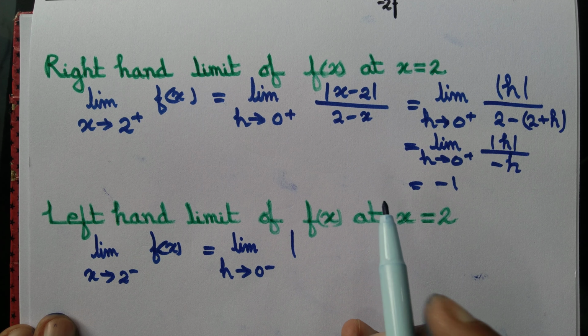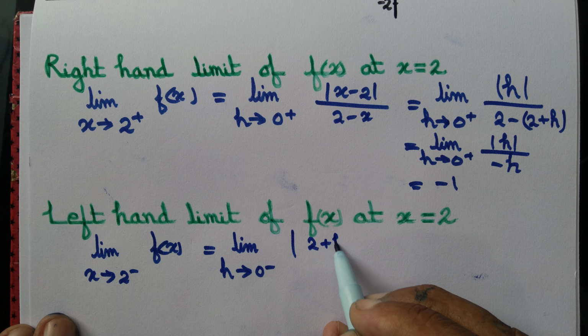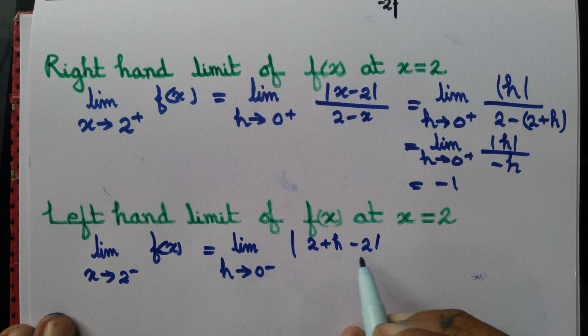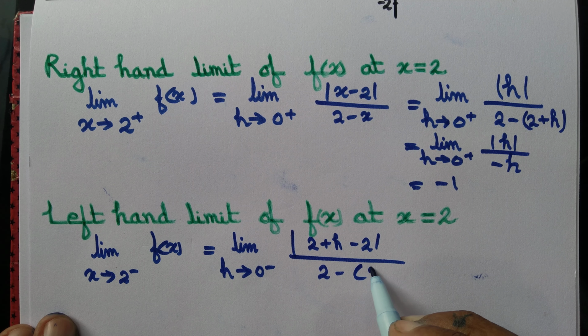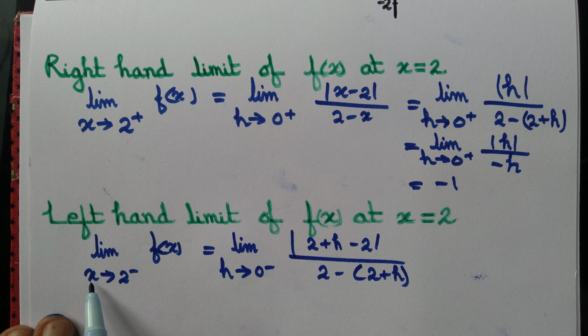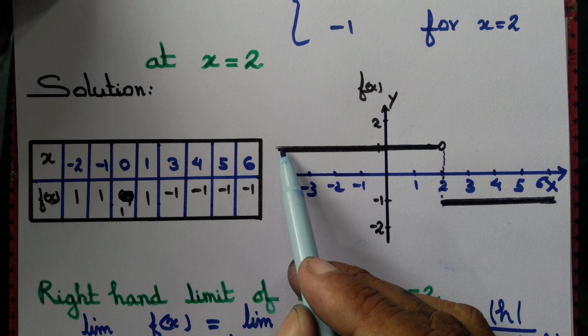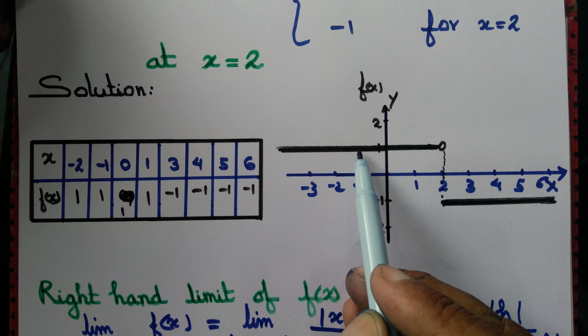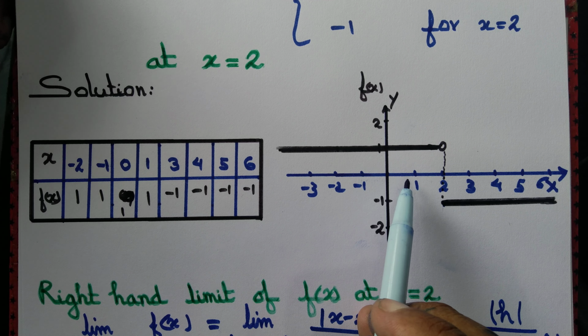So we will be replacing x by 2 plus h. The rest of the expression we can copy as it is. Replace x by 2 plus h. Remember, h has to be less than 0 because we want x less than 2. We want the left hand limit, so we want to get nearer to 2 from the left hand side.